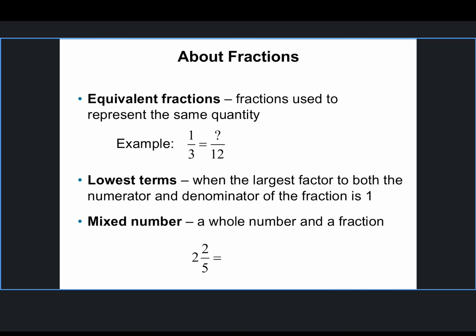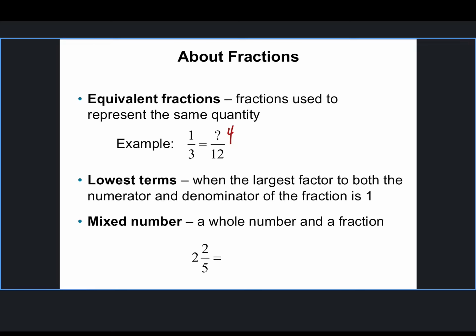We would multiply it by 4, right? So if we multiply that by 4, we get 12. What if we multiply 1 by 4? We would get 4. 4 over 12 is the exact same thing as 1 over 3. Okay, those are equivalent fractions.